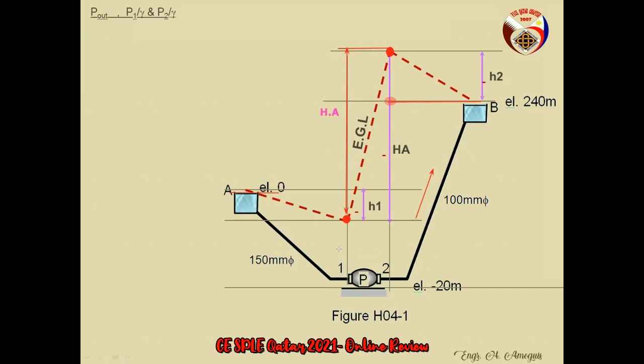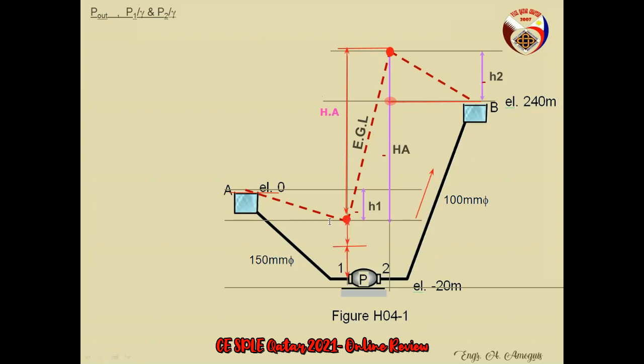Let us say at point 1, its elevation is minus 2. We divide this into two: this is the pressure head, P over gamma, and the other is the velocity head.